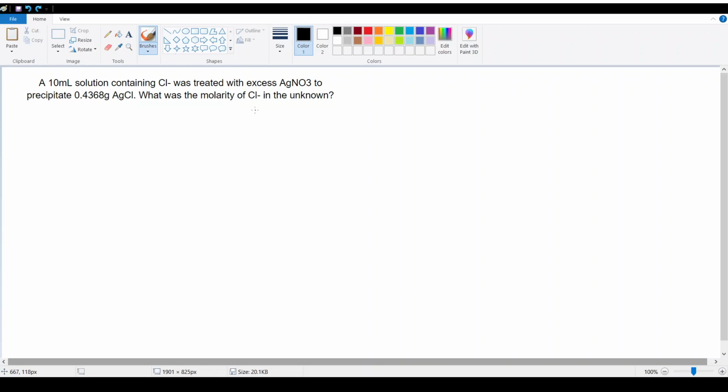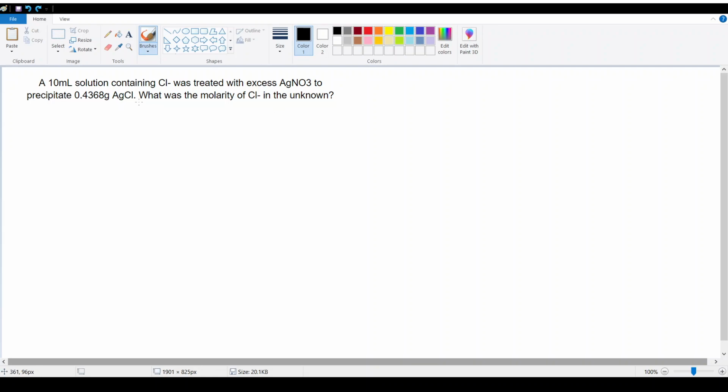Now this is also fairly common because silver nitrate and chloride can react together to form silver chloride, which is an insoluble precipitate in water, which means that AgCl is not soluble in water, so it forms a salt, which is very easy to weigh because it's really more difficult to weigh liquid for the purpose of measuring mass.